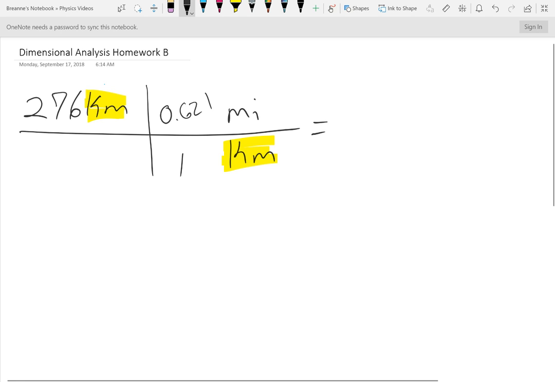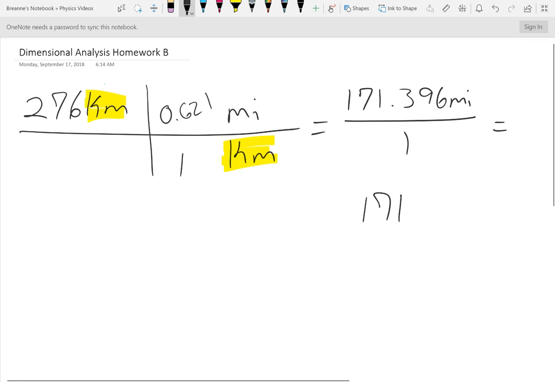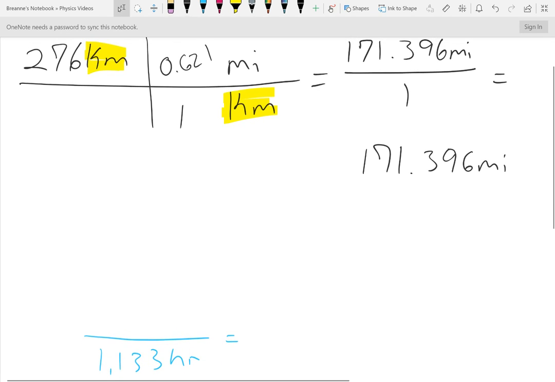So across the top, you get 171.396. Don't forget the miles over 1. So that just gives you 171.396 miles.